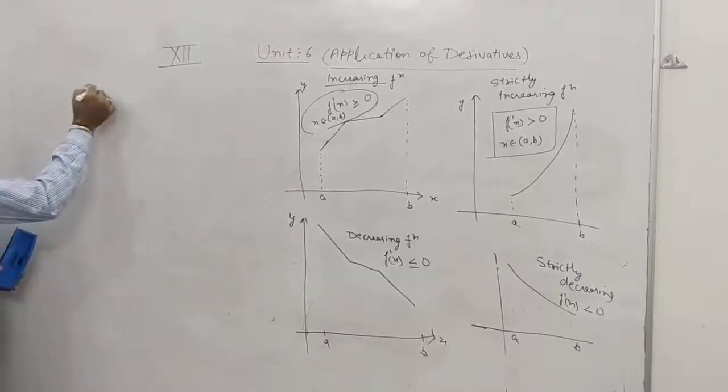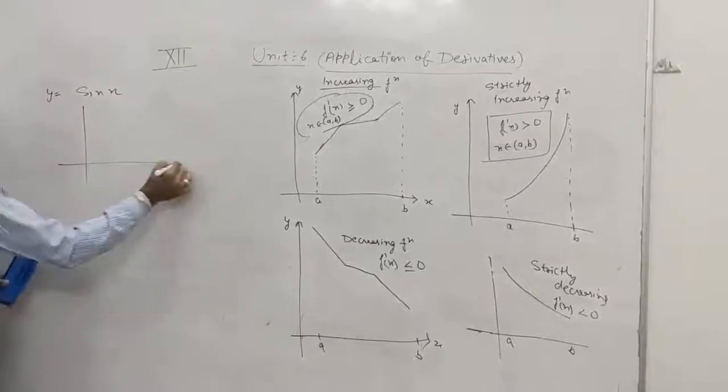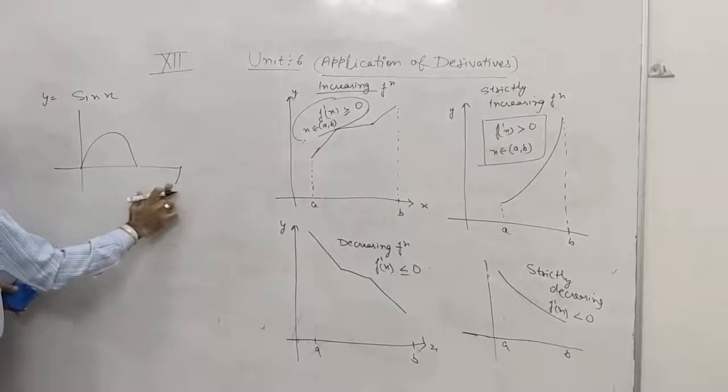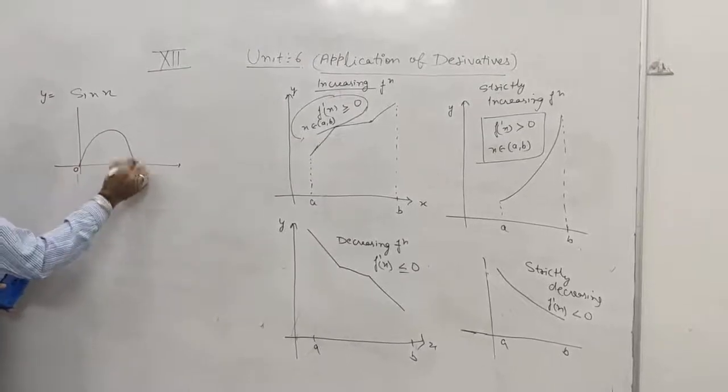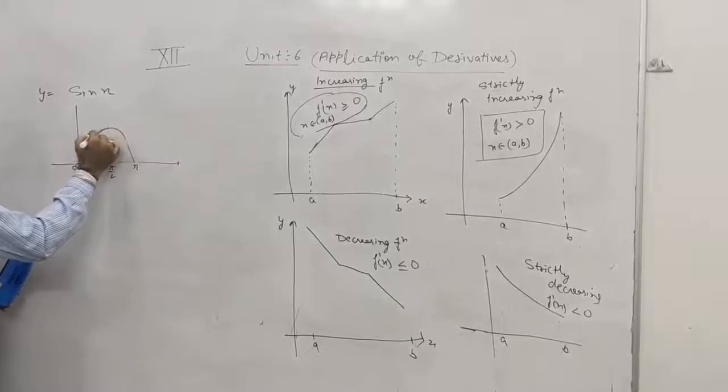Now the sin x function which we have taken, and this was the graph of sin x function. So see the interval between 0 to pi, and this is pi by 2. 0 से लेके pi by 2.